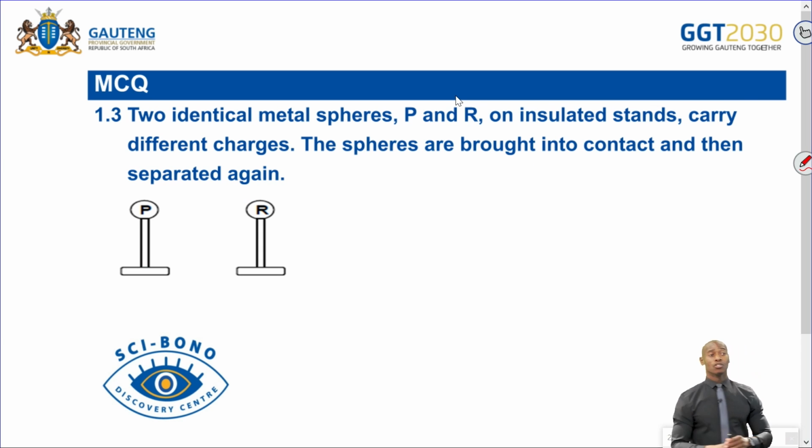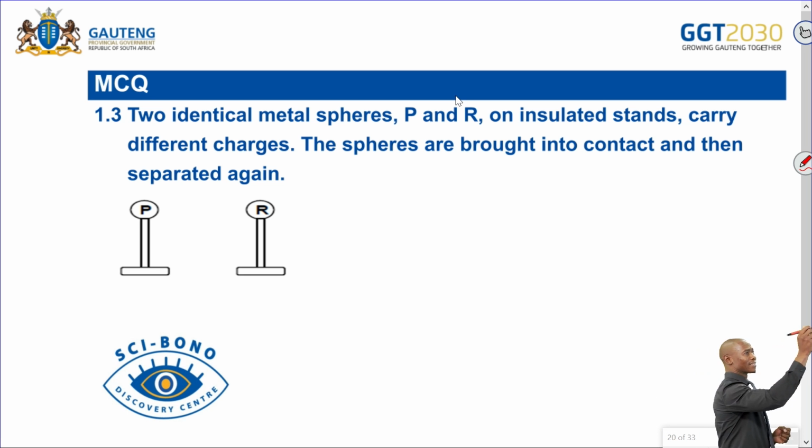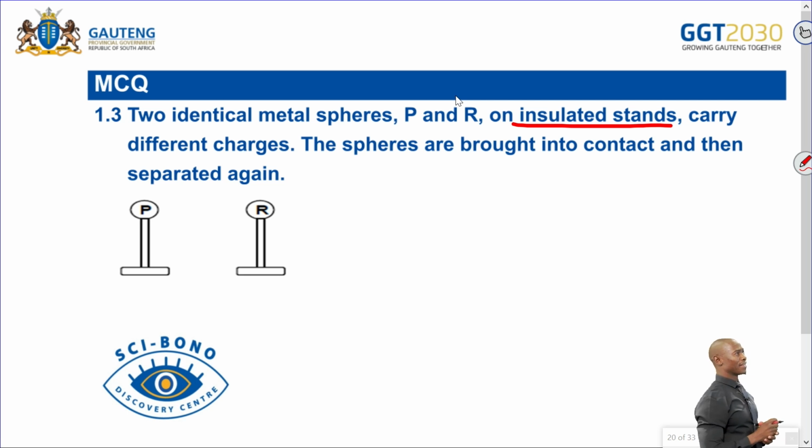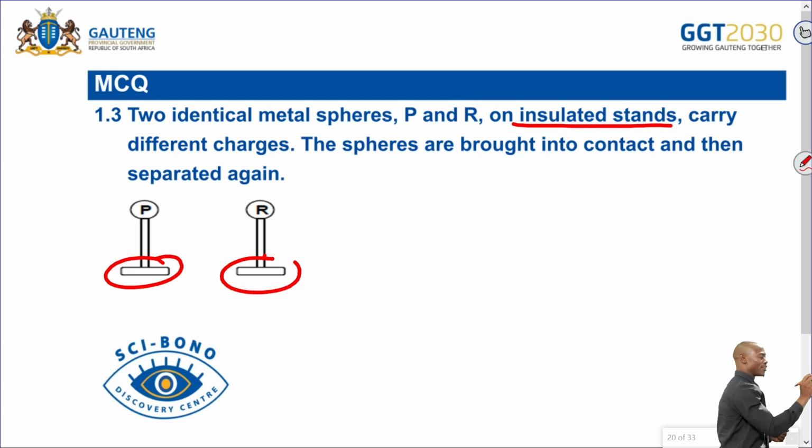Then the third one, two identical metal spheres, P and R, on insulated stands. You see, this word is coming, right? Now and then, insulated stands. So why are they placed on those insulated stands? So the charge cannot be transferred.